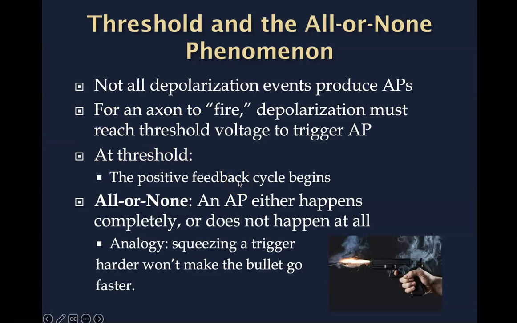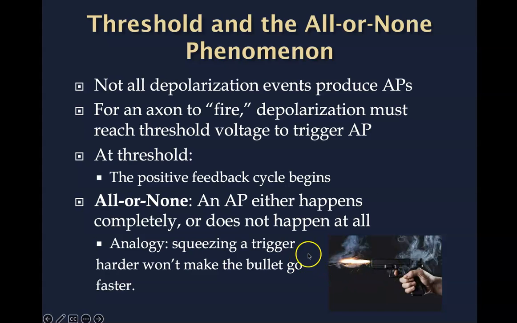Those voltage-gated sodium channels are going to open, allowing sodium to rush in, causing more of a voltage change across the membrane, causing neighboring sodium channels to open. So again, it's all or none. This is kind of like squeezing a trigger. If you squeeze a trigger harder, it's not going to make the bullet go any faster.